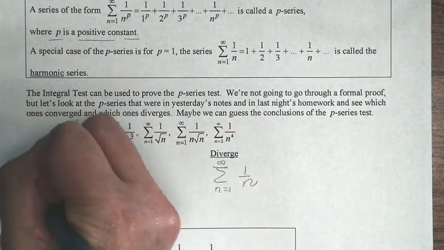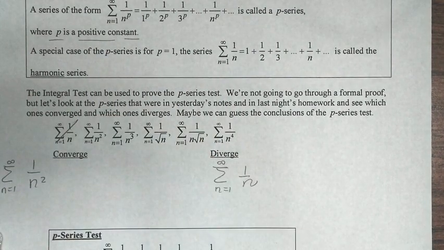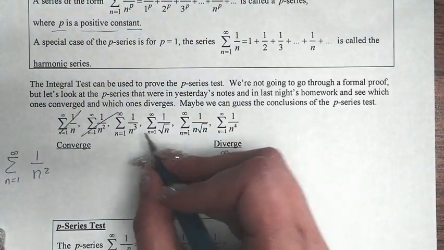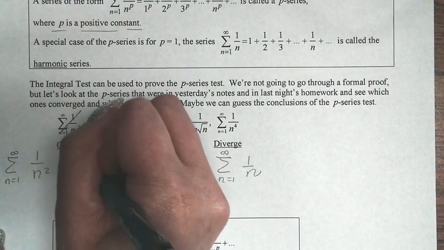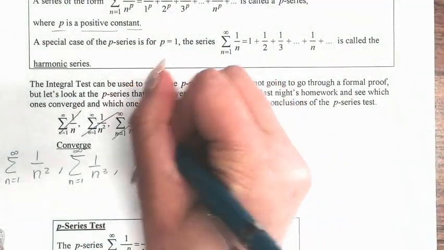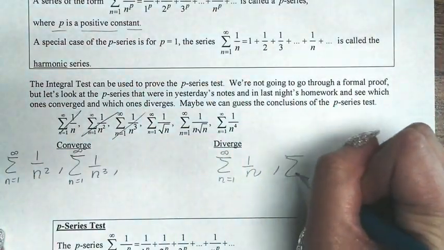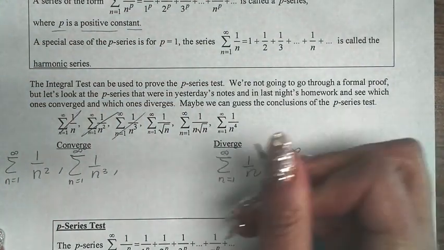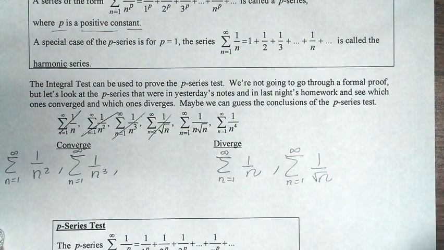Now you can start seeing the pattern that we have. What's going to be the business with this one? This one is going to converge. What about this one? This one is going to diverge.